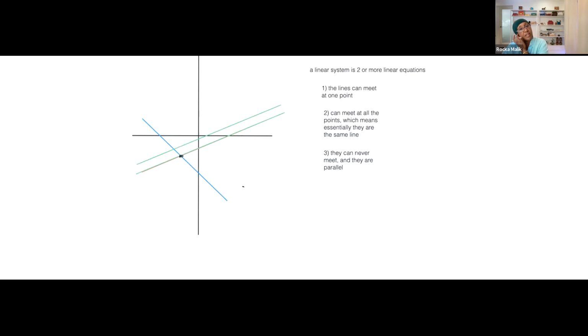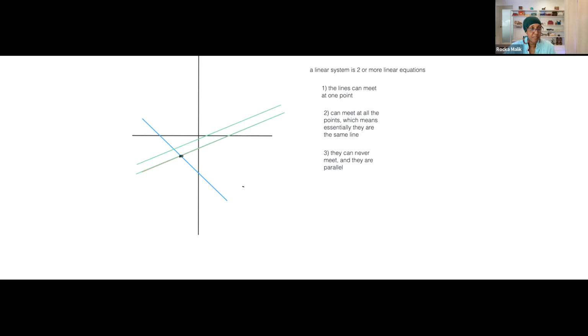Now, instead of one equation, we're going to have an equation for this line, an equation for this line, an equation for this line, and maybe an equation for some other line that's out there.